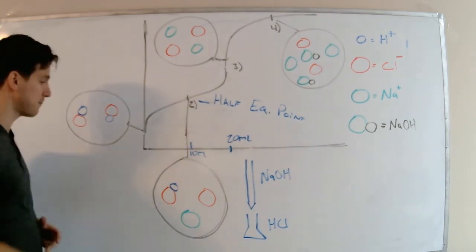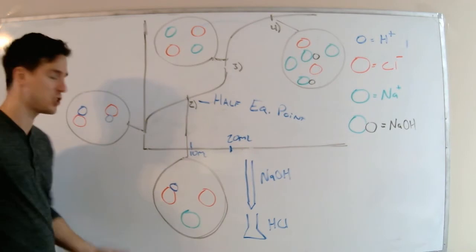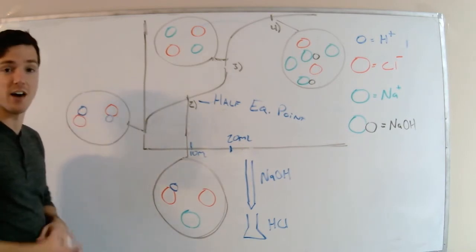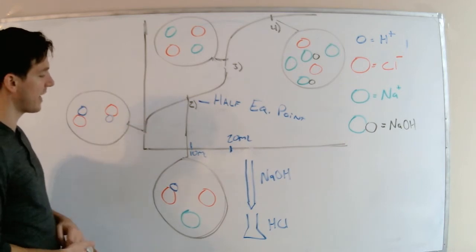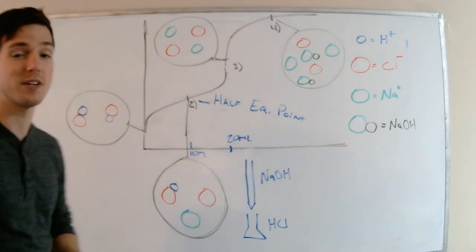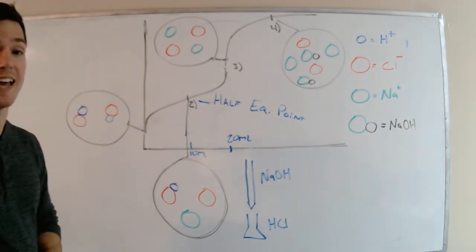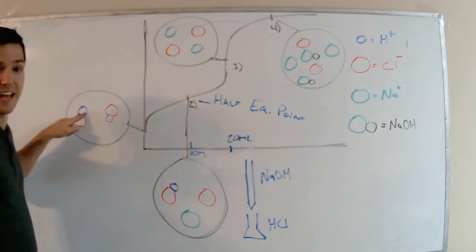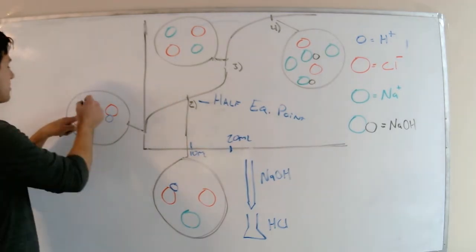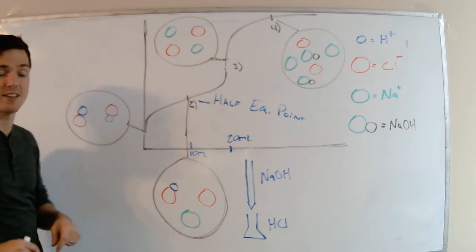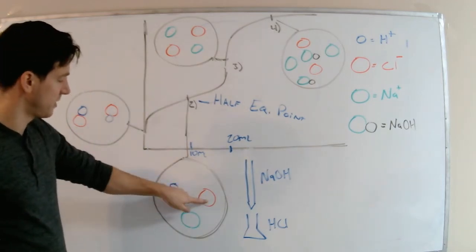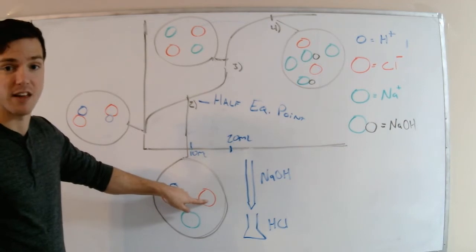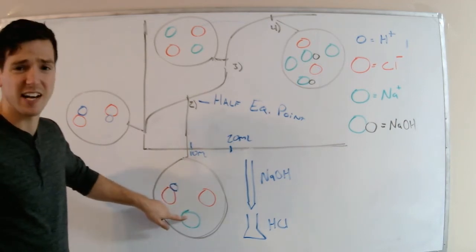So at the beginning, before we add any NaOH, we just have some HCl chilling in our flask. Well then, as we start to add NaOH, that NaOH is going to start to eat away at that H plus and that HCl. That OH is going to come in here, take away that H plus, and then it's just going to leave us with that Cl minus left over. And this guy is our Na plus, right?